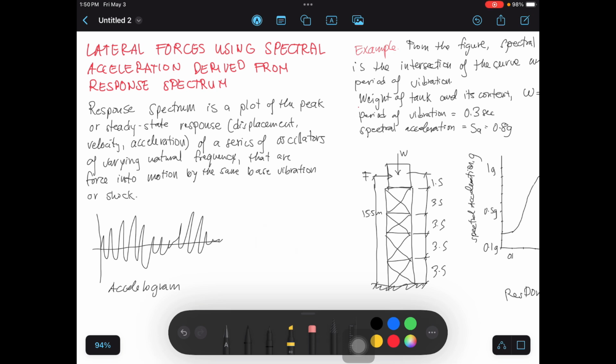So, meron tayong mga accelerogram derived from instrument natin. They record yung acceleration due to the movement or shaking ng ground due to earthquake. So, from this accelerogram, makukuha yung acceleration ng earthquake versus yung time.